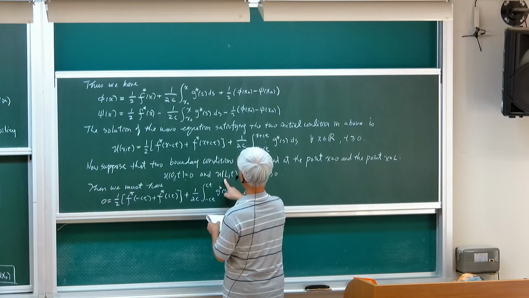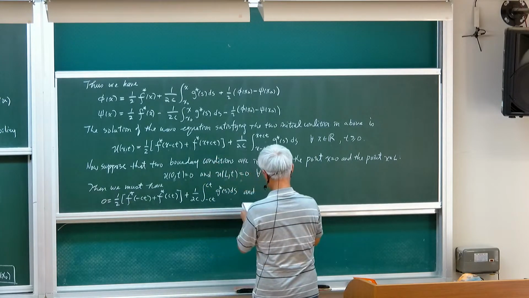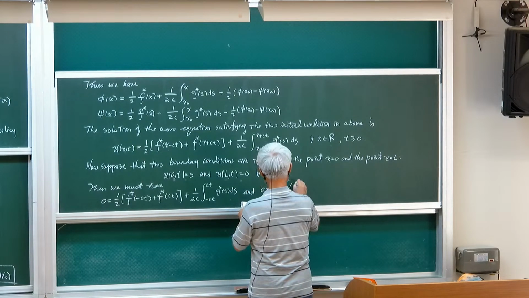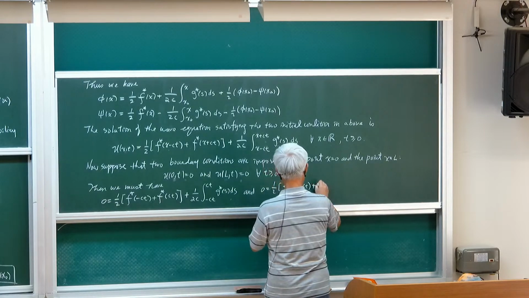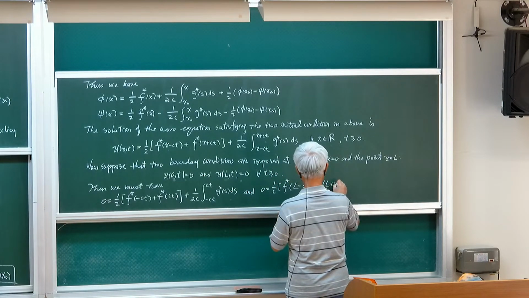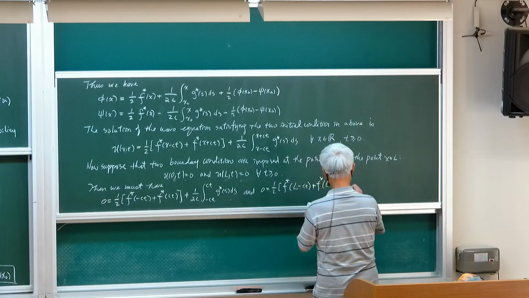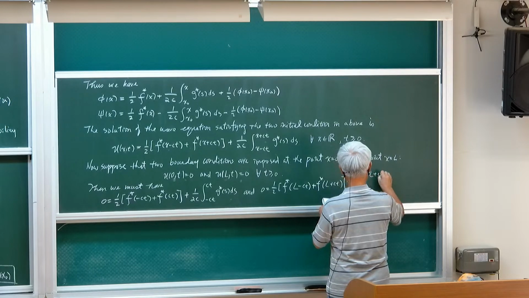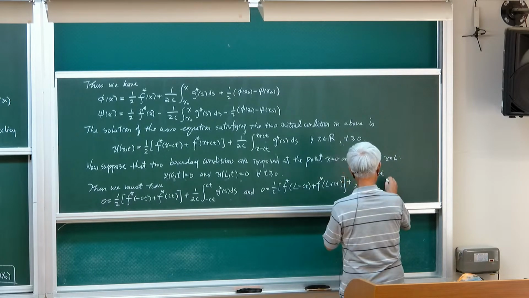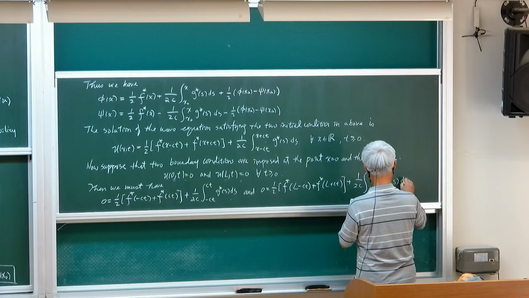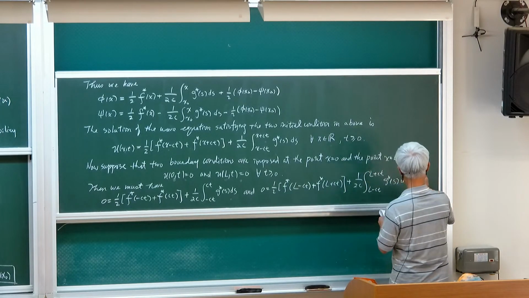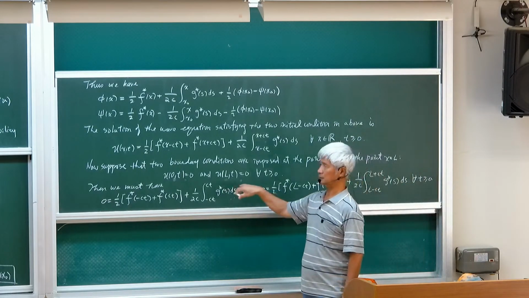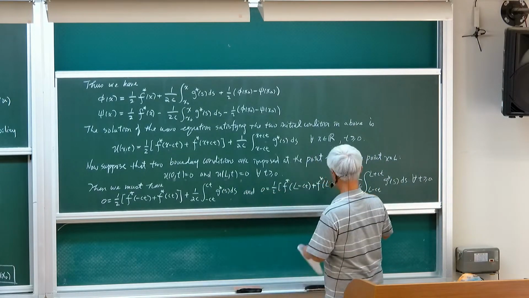And we put L into there, so that 0 is 1/2 f star of L minus ct plus f star of L plus ct here, plus 1 over 2c, integral from L minus ct to L plus ct of g star s ds. Okay, so this must be true for all t greater than 0. So you should have these two equations.